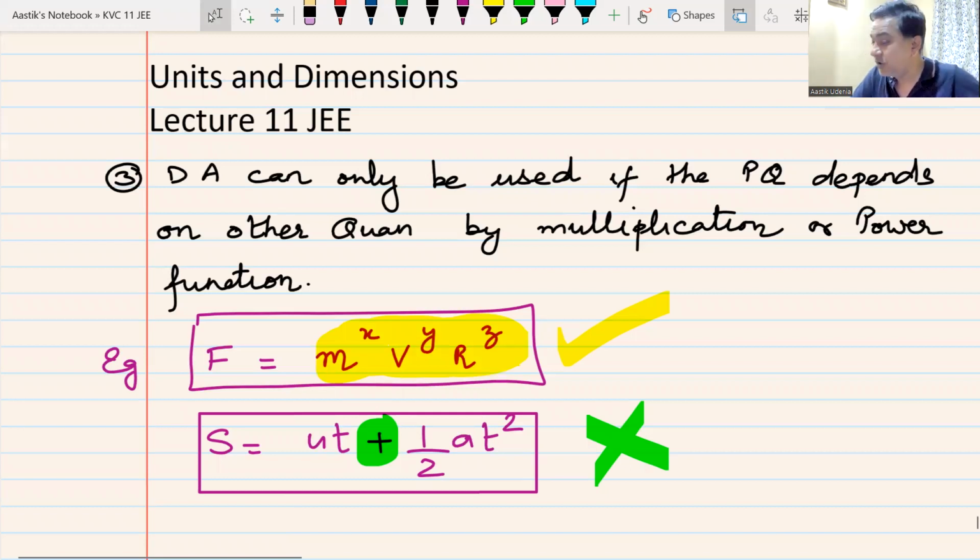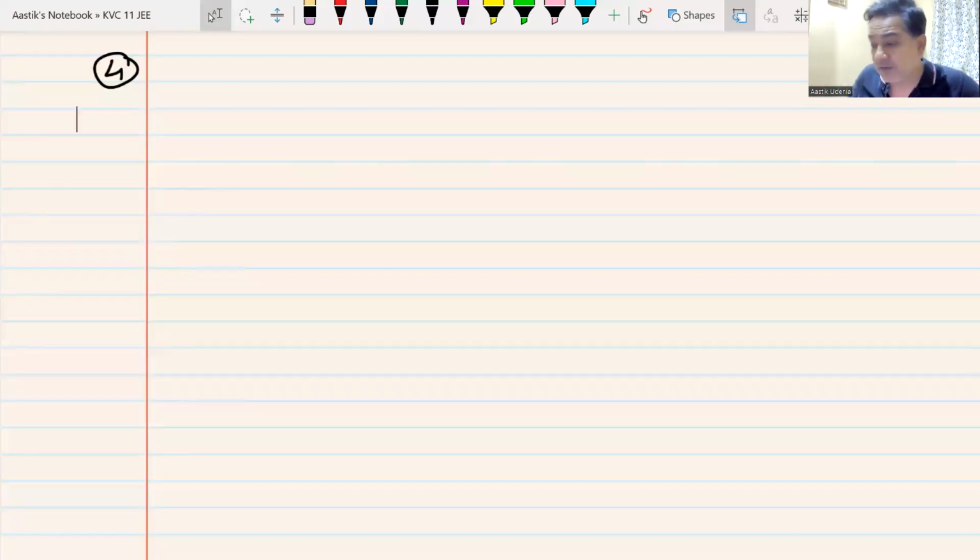Let us move on to the fourth limitation of dimensional analysis. Now, what is the fourth limitation? In whatever questions we have solved, apart from that JEE question that we saw, most of the quantities, wherever we derived a formula using dimension analysis, depended only on 3 quantities.